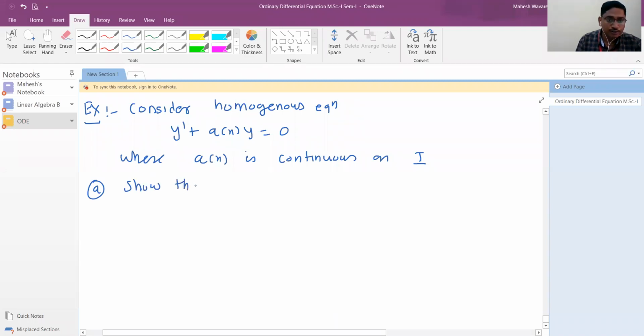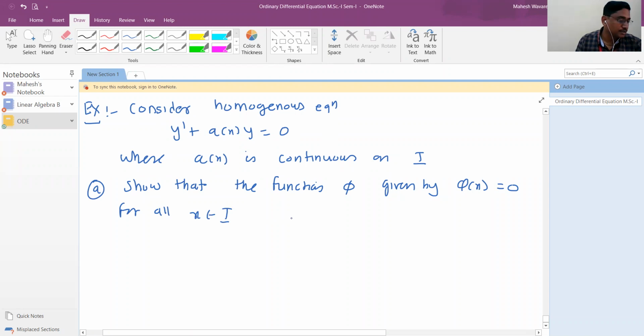Now the earlier example was part C of the same example. Show that the function phi given by phi of x equal to 0 for all x in I satisfies this equation.